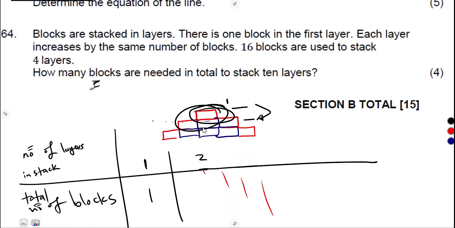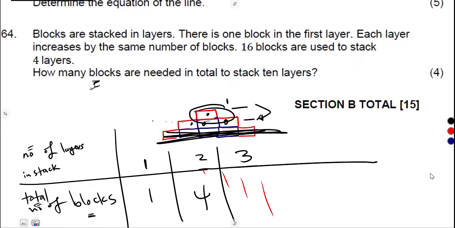We have to consider the total from the first one. 1, 2, 3, 4. There will be 4 blocks. So the third layer, the total, you must add everything from the beginning. 1, 2, 3, 4, 5, 6, 7, 8, 9. There are 9. And so on and so on.